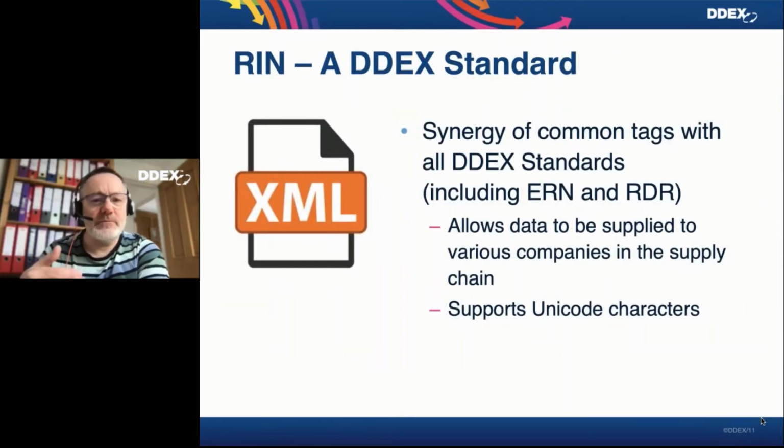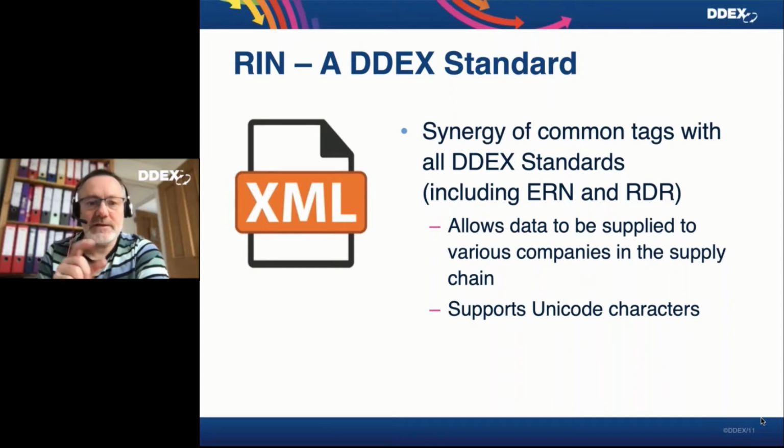But first, some basics. As Marcus said, we're a standards organization. We create standards. RIN, the Recording Information Notification, is one of those standards, and it very heavily uses the synergy of the common tags that Mark has mentioned. So if you're describing a sound recording in the RIN message, it will be the same composite or a very similar composite that a record company would send to a DSP.